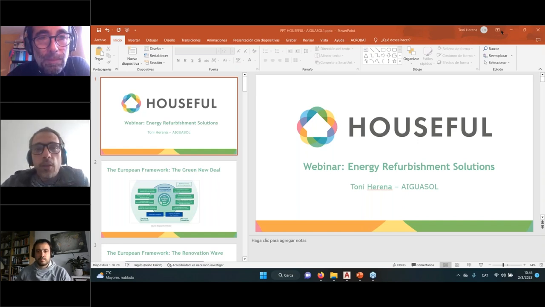Passive strategies are the ones that are not energy consuming in a building. A passive strategy is to protect better from the sun, to protect better from the outside air temperature, to protect better from the environment, or using the environment to reduce the energy demand of the building.